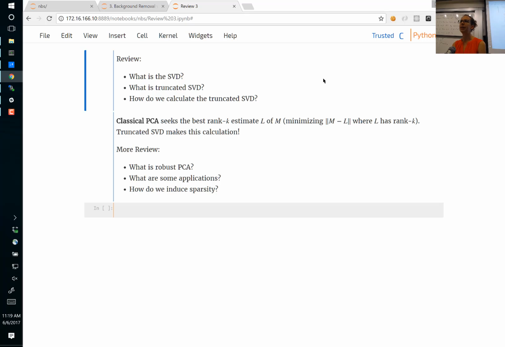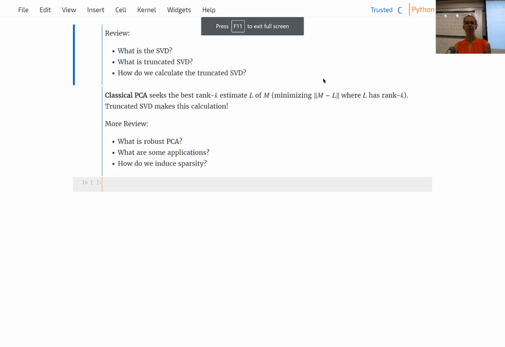Does anyone remember what robust PCA is? I'll give you a hint. We added in another matrix.